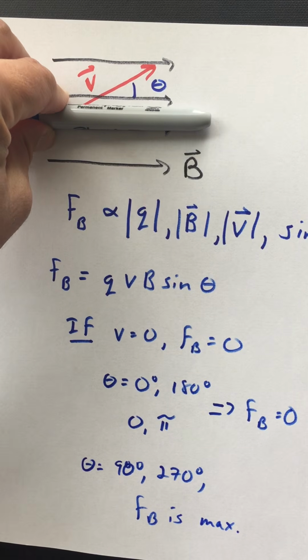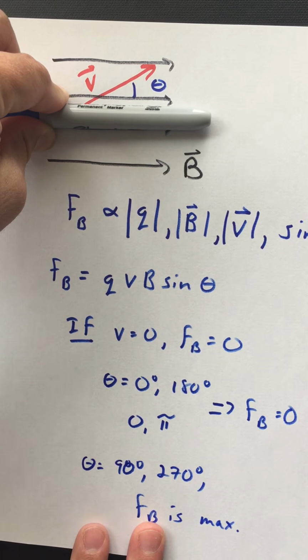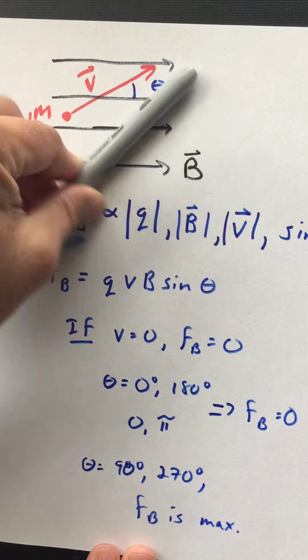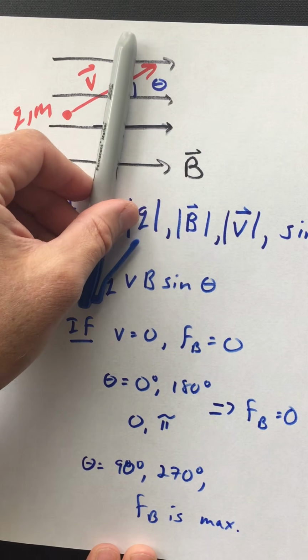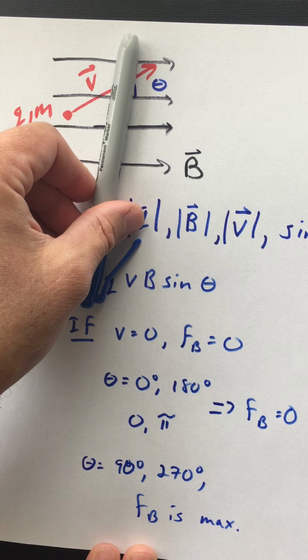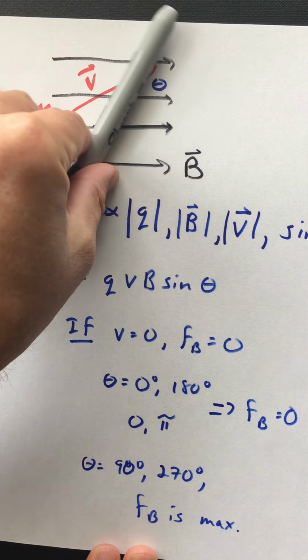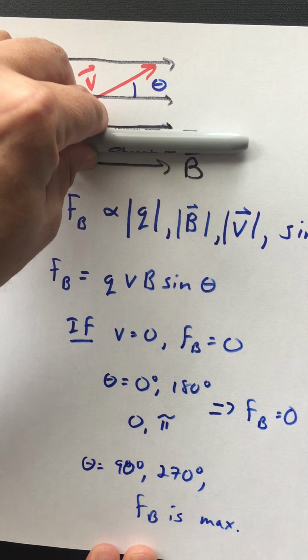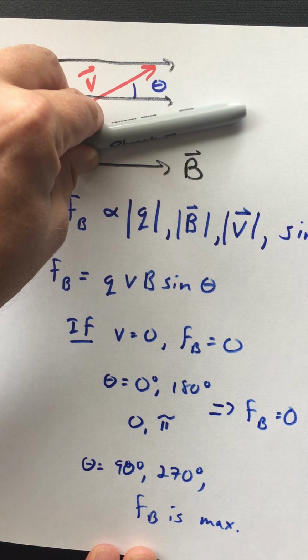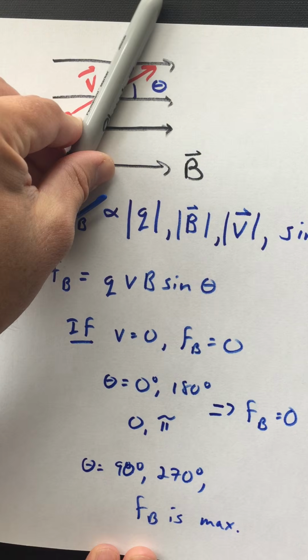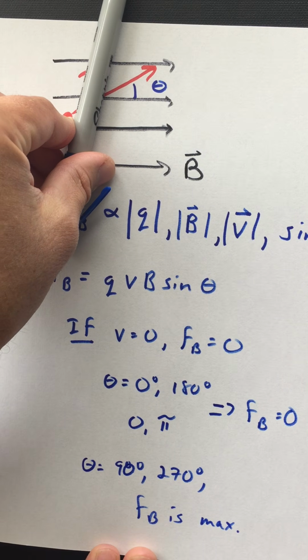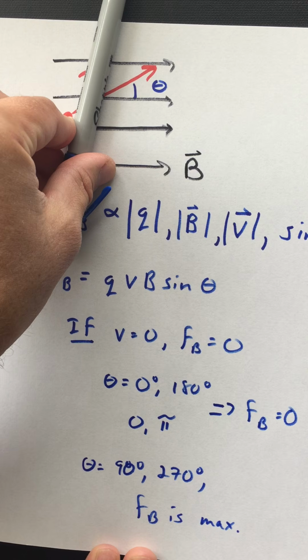If the velocity is in the same direction as the field, the force is 0. If the velocity is perpendicular to the field, the force is at a maximum, which means there are gradations as I rotate through that angle. This produces 0 force. This produces just a little force, a little more, a little more, a little more, until finally I reach the maximum of the force here.